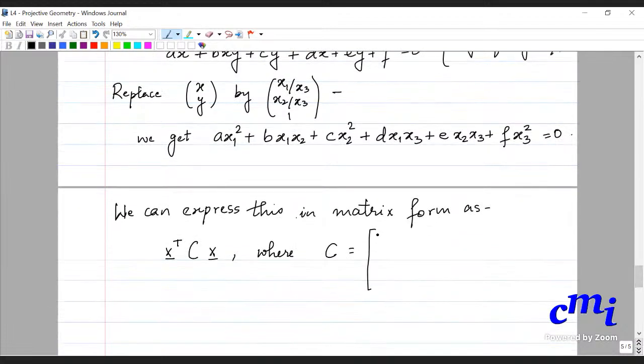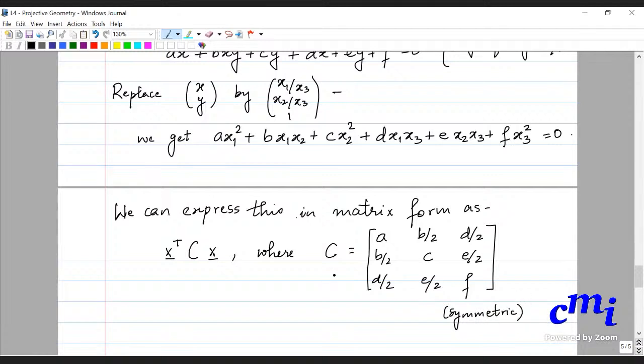And C is the symmetric matrix with a, b/2, d/2 in the first row, b/2, c, e/2 in the second, and d/2, e/2, f in the third. This is symmetric. This C is called the coefficient matrix for a conic.